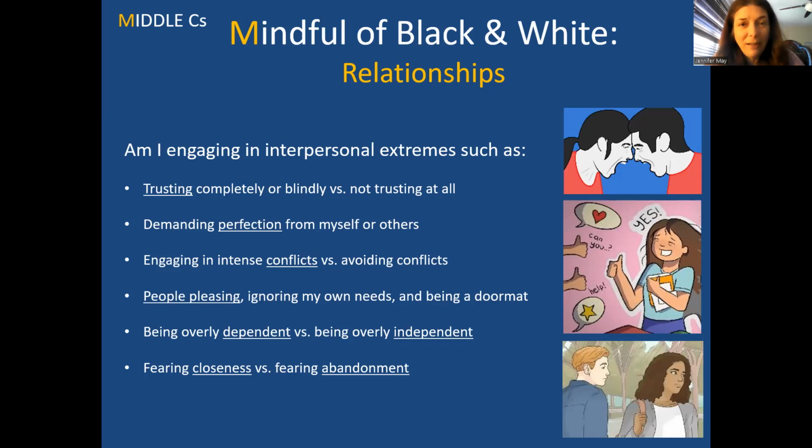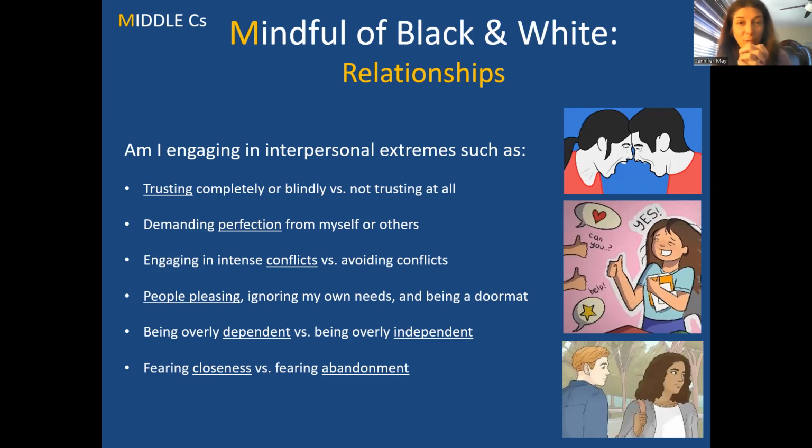Being overly dependent versus being overly independent. I'm either very needy and clingy and dependent with somebody, or I feel like I don't need anybody. I've got this by myself. I'm not going to ask anybody for help. I'm going to do it on my own. And the last one, fearing closeness. I'm afraid of getting too close because I'm afraid of being controlled or engulfed or out of control or violated, versus fearing abandonment.